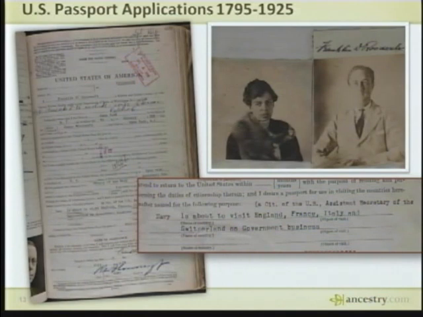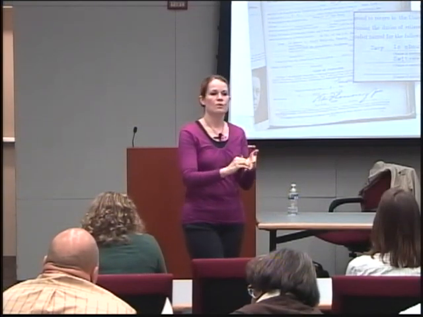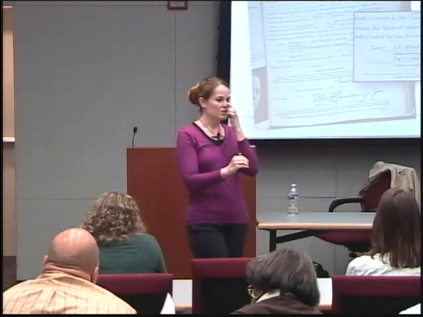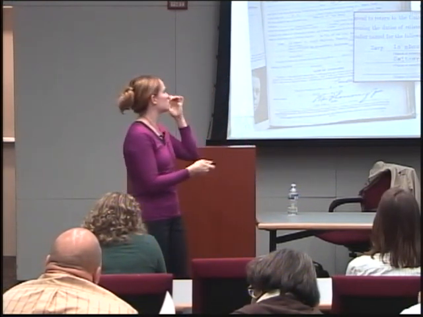After about 1914, these passport applications include pictures. Before about 1914, they did not include pictures, but they include very detailed descriptions of people, so height and weight, but then you get strange things like sallow complexion and the shape of their nose.